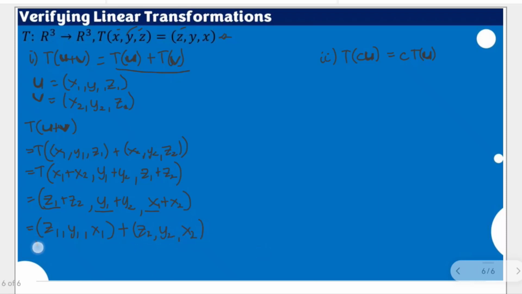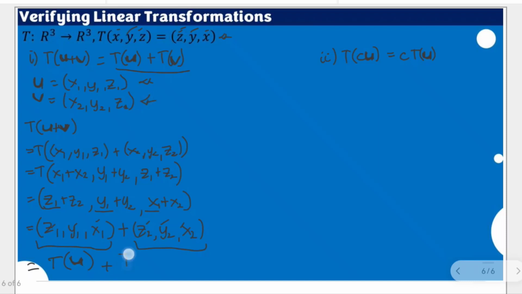Take note that this too follows the same transformation: z, x, y. The only difference is that the first form has sub 1s, which correspond to your u. That means this is the transformation of your vector u, plus the second, which has sub 2s, the components of your v.